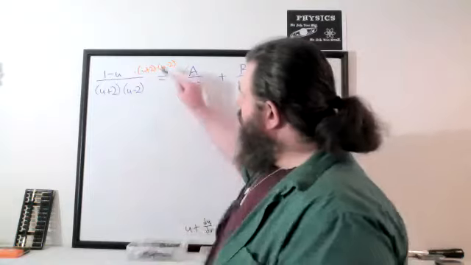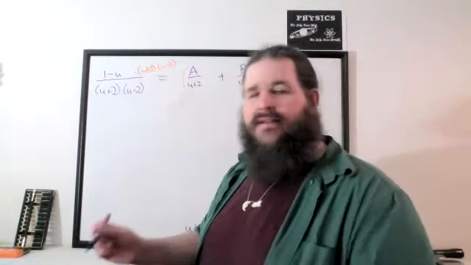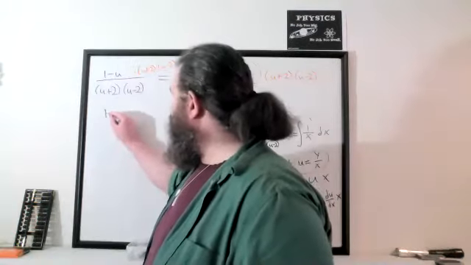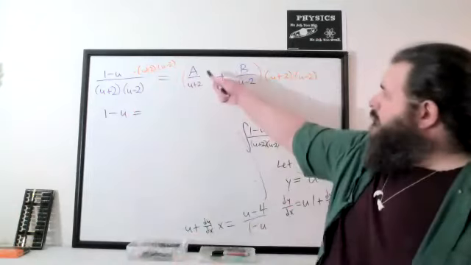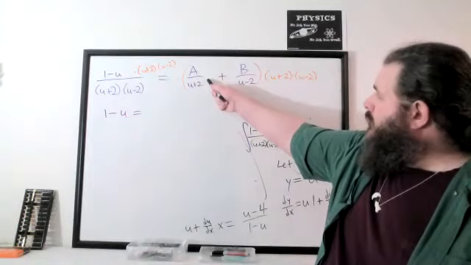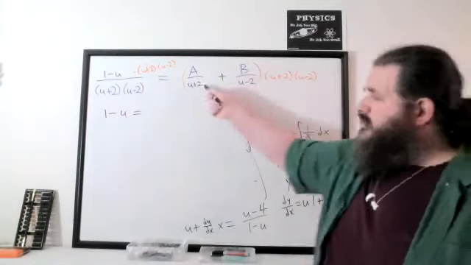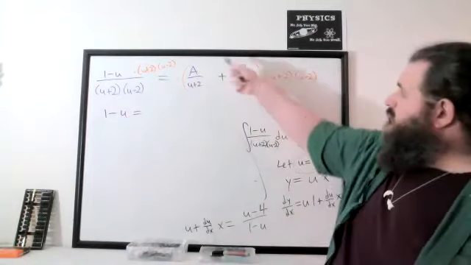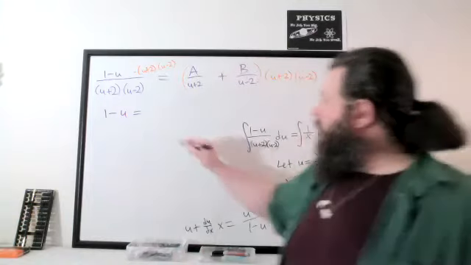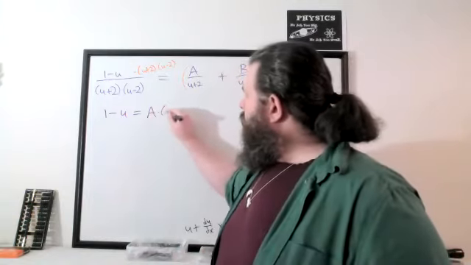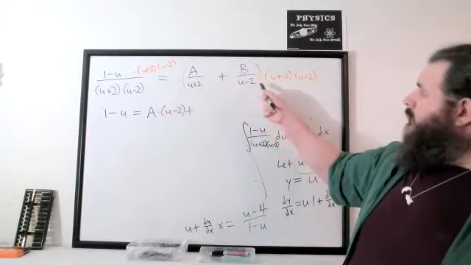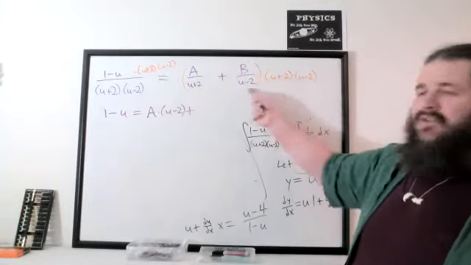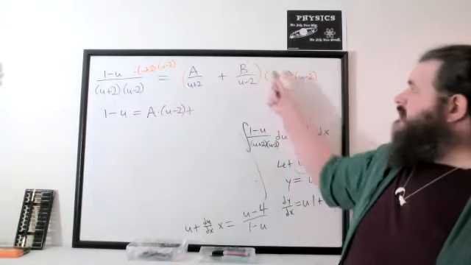On the left side, the numerator and denominator just cancel out entirely, so we're left with just 1 minus u. Whereas on the right side, we're taking the A over u plus 2, multiplying by this, and the u plus 2's cancel out. So we're left with just A times just the u minus 2. Then for the second term, we're multiplying, the u minus 2's cancel out. We're left with just B times u plus 2.